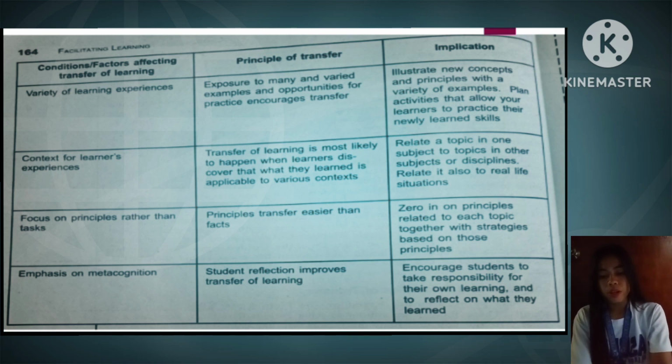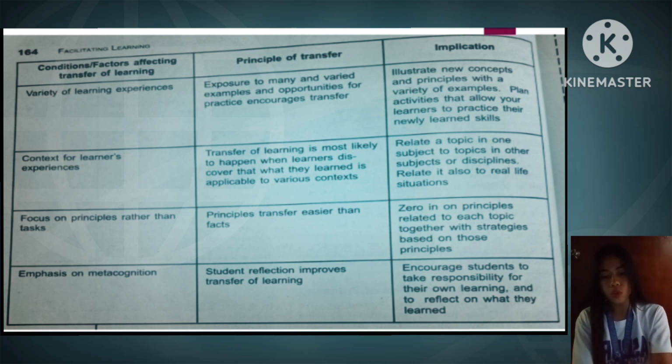Okay. The next is the context for learners' experiences. Transfer of learning is most likely to happen when learners discover that what they learn is applicable to various contexts. Implication: relate a topic in one subject to topics in other subjects or disciplines.